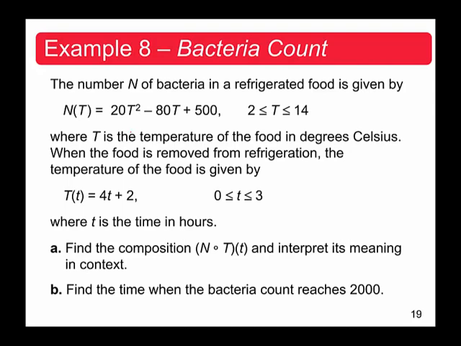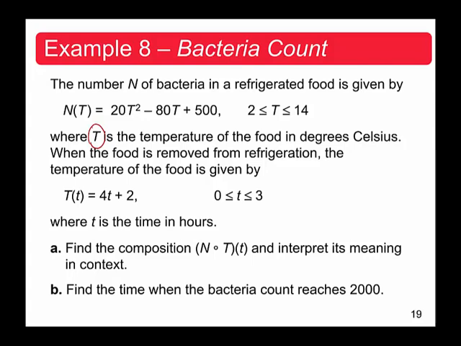Now let's take a look at an application. The number n of bacteria in a refrigerated food is given by n of t equal to 20t squared minus 80t, adding 500, where t is greater than or equal to 2 and less than or equal to 14, and t here is the temperature of the food in degrees Celsius.